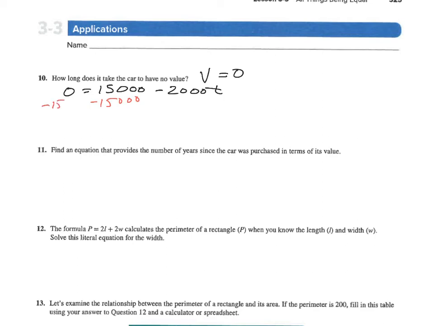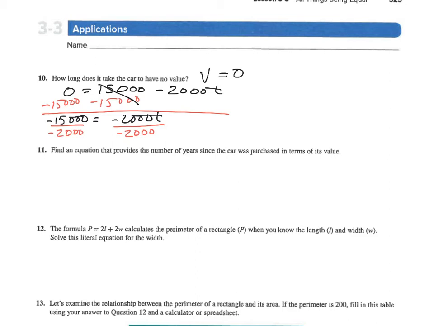There's more than one way to do this particular problem. And so I would get negative 15,000 equals negative 2,000 T. Now the last thing we would do here to get the T by itself is divide both sides by negative 2,000.